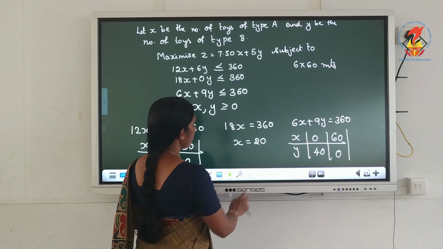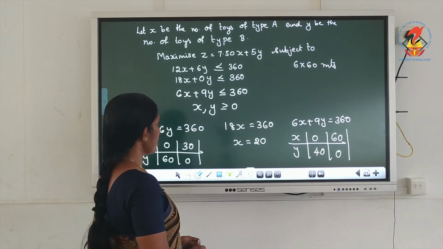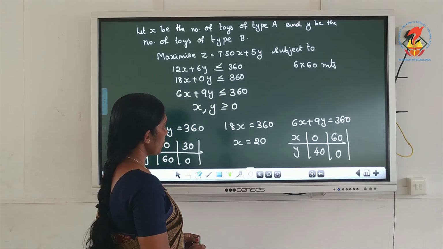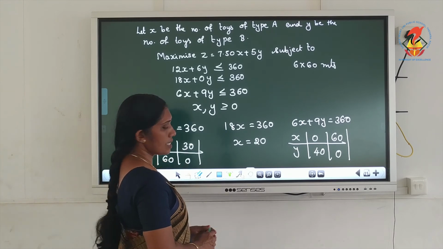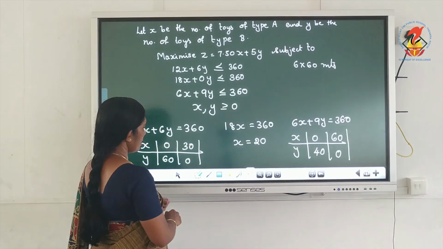Now we can draw. The points are 0, 60 and 30, 0, and 0, 40 and 60, 0.